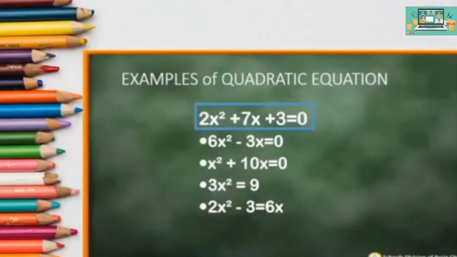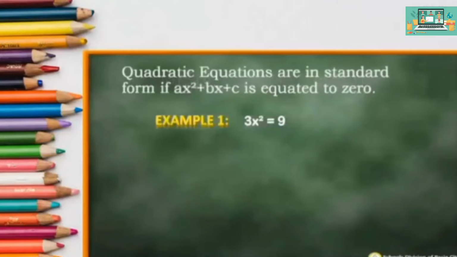No, as in the case of 3x squared equals 9 and 2x squared minus 3 equals 6x. A quadratic equation can be arranged to standard form if ax squared plus bx plus c is equated to 0.